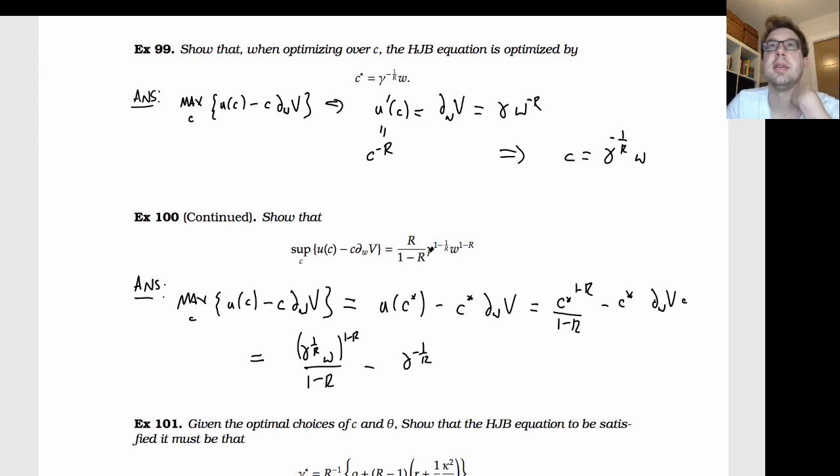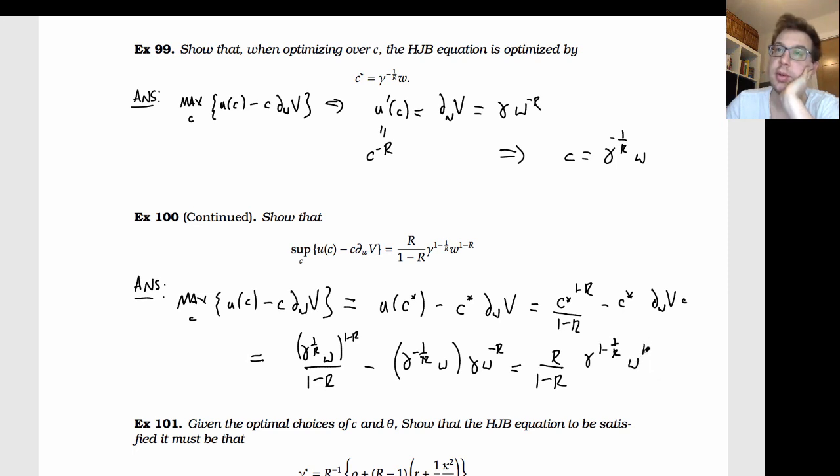Oh, sorry, I just got a minus sign on there. 1 minus r w, and then times the partial derivative of the value function, which remember is gamma w to the minus r, and then I can collect all these terms together. I've essentially got 1 over 1 minus r, and then I've deducted off 1 lot of this expression. So all I'll end up with is r divided by 1 minus r, gamma to the power of 1 minus r times w to the 1 minus r.